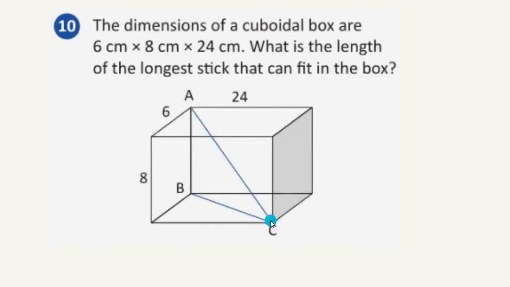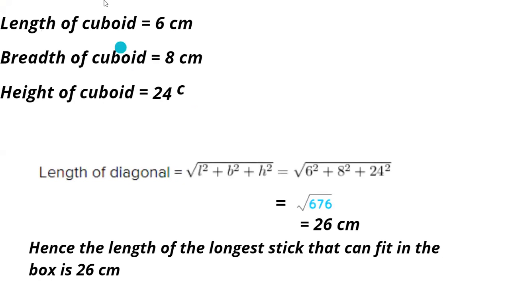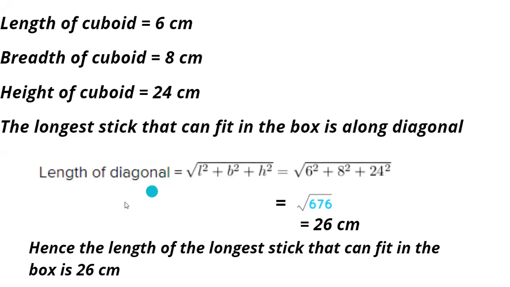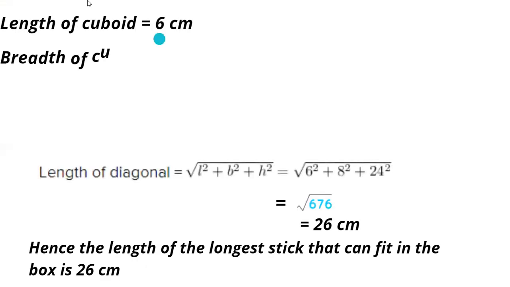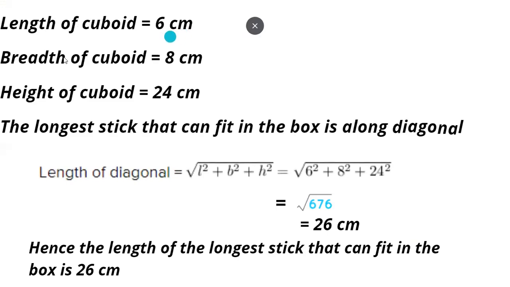So we have to find the hypotenuse again. The formula for the length of a diagonal is the square root of L squared plus B squared plus H squared. The length of the cuboid is 6, the breadth is 8 and the height is 24.